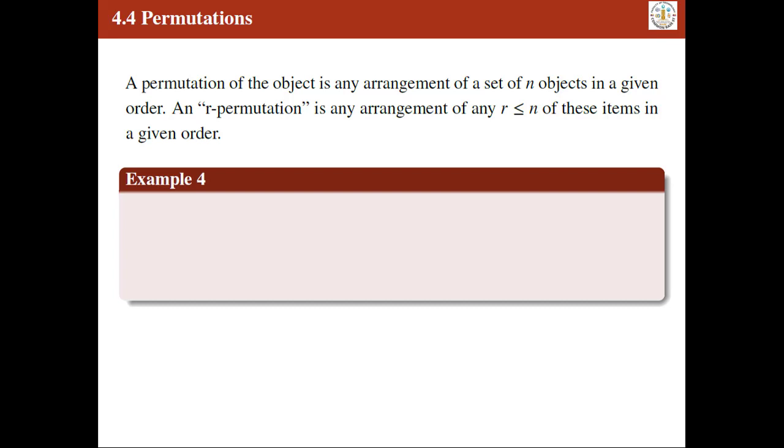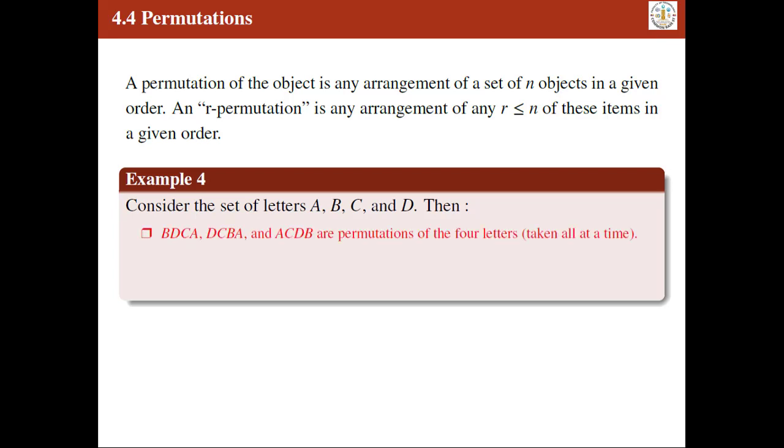Consider, for example, the set of letters A, B, C, and D. Then BDCA, DCBA, and ACDB are permutations of the four letters taken all at a time.